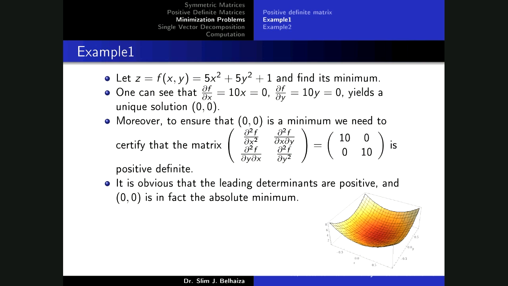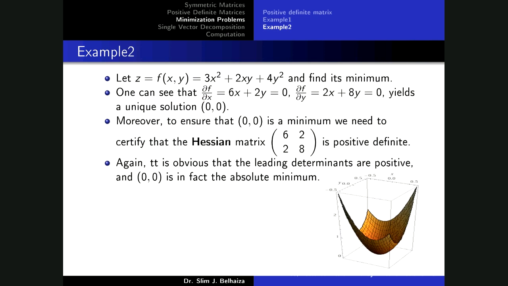We obtain one single stationary point, or critical point, and at that point the Hessian matrix is positive definite, and this is where the minimum should be. For the second case, we also have (0, 0) as a solution. It's not the case all the time, of course, and the Hessian matrix is also positive definite.